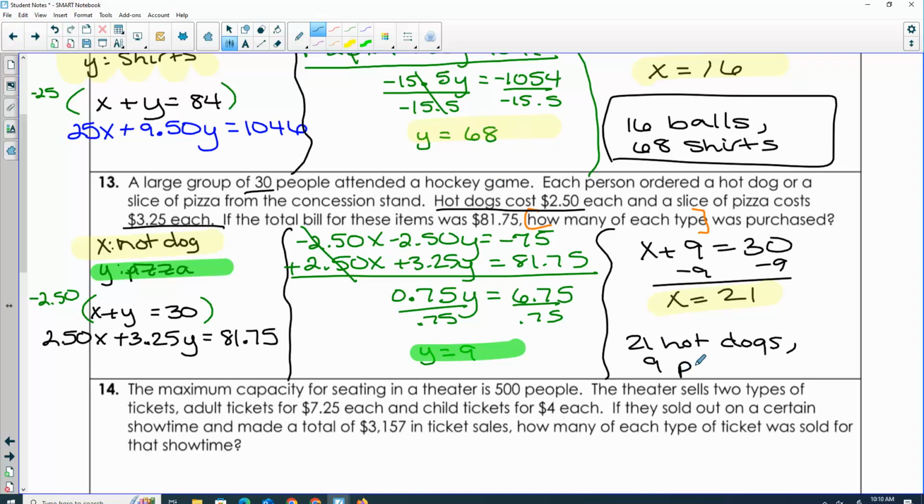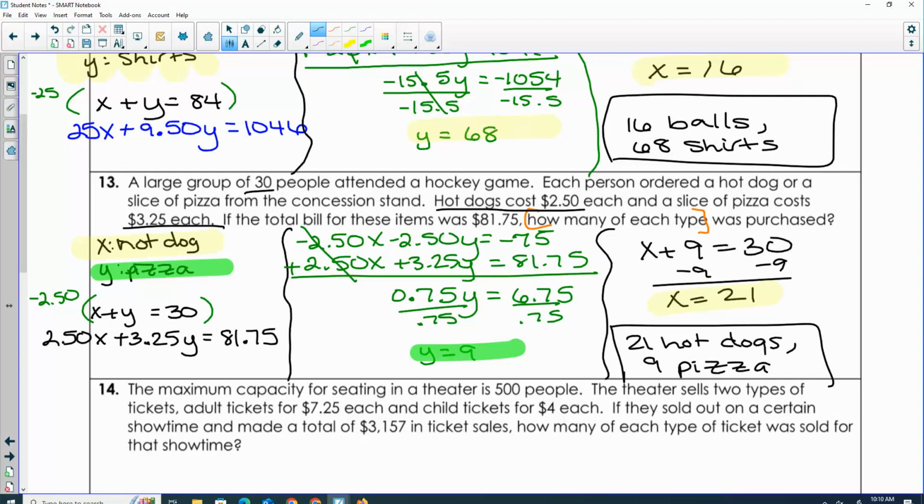So 9 pizza slices. Okay. That's what all of our problems today are going to look like.